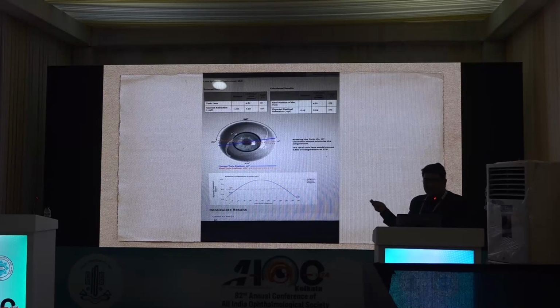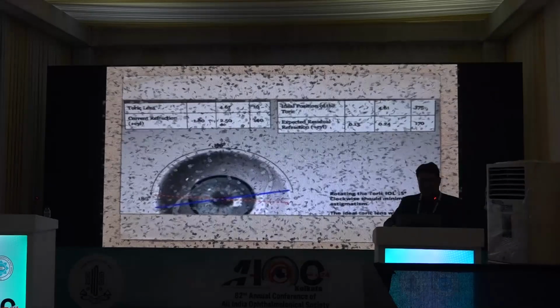So it tells me that I need to rotate my IOL from this blue position to this position at 170. I need to rotate it in the clockwise direction by 15 degrees, and this will reduce the cylinder to a minimum of 0.24. So this calculator has told me that I need to rotate it 15 degrees clockwise to reduce the cylinder. This is how we calculate what is needed.